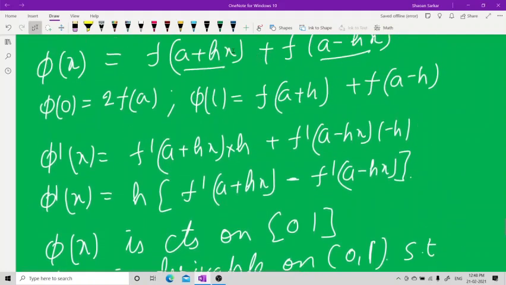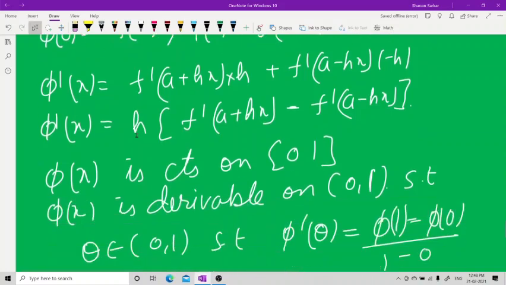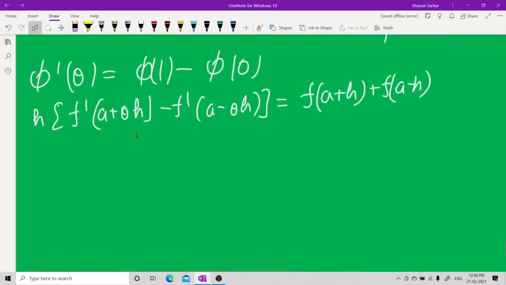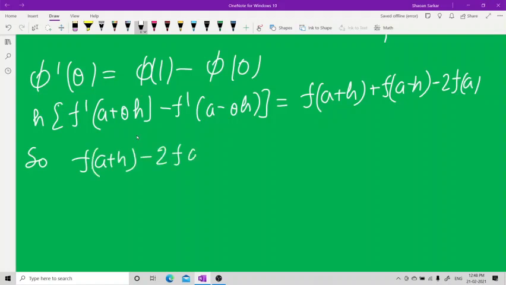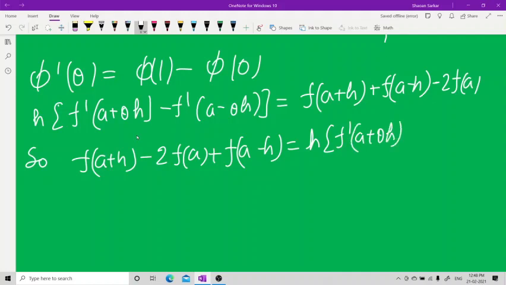Phi of 0 is this, 2f(a). So minus 2f(a). So f(a+h) minus 2f(a) plus f(a-h) is equal to h times [f dash(a + theta h) minus f dash(a - theta h)].